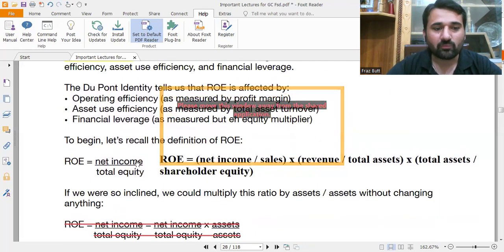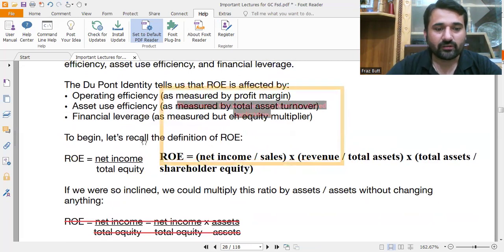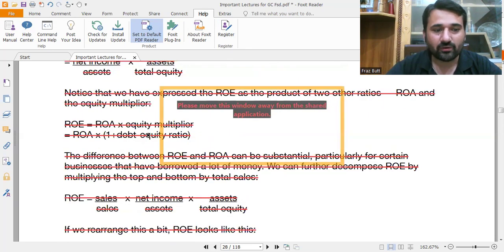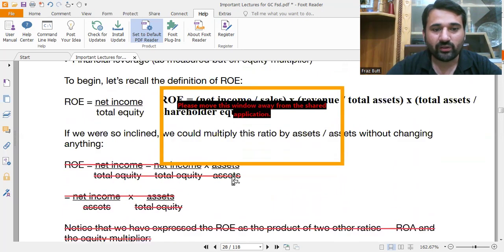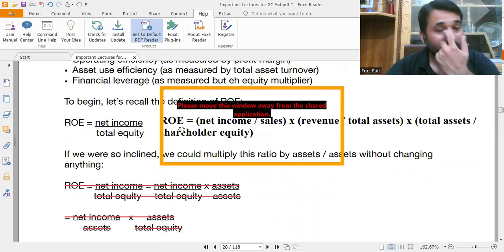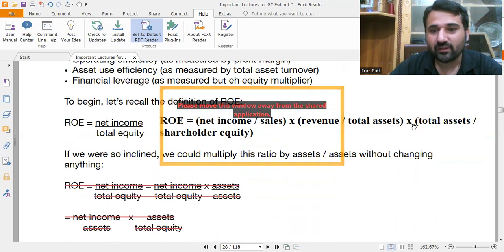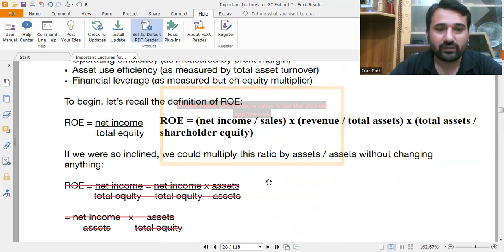Now let's move to the formula of return on equity. The overall formula is net income divided by total equity. This is a comprehensive formula. I have erased it for you, and I am going to explain an easy formula for this concept, which is: return on equity is equal to net income divided by sales, and then you have to multiply with revenue divided by total assets, and you have to multiply it by total assets divided by shareholder equity.